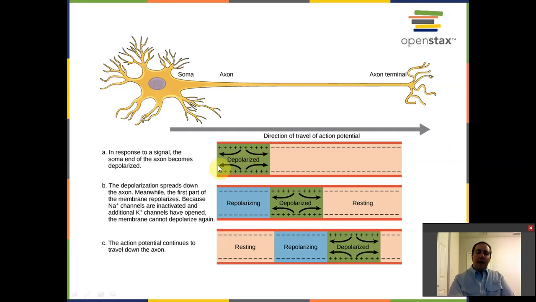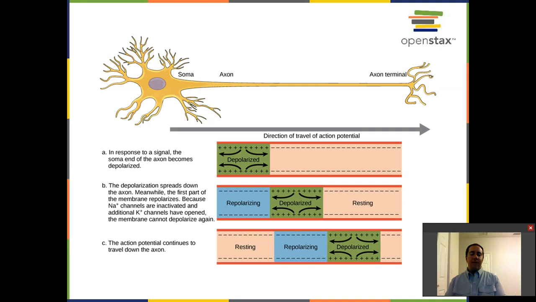So at the beginning, the left end here, right next to the cell body, is depolarizing. It is going up our curve. As it starts to come back down, it is now repolarizing. The part next to it is now depolarized. The furthest part of our axon is still resting.